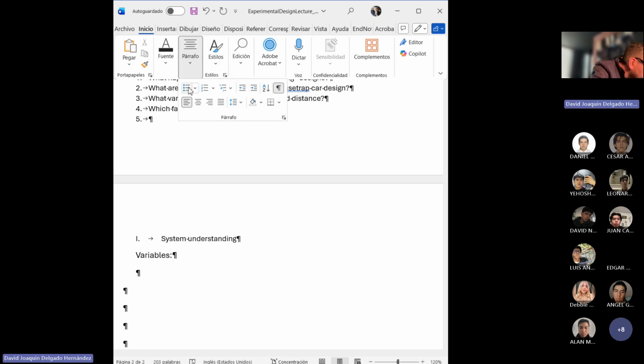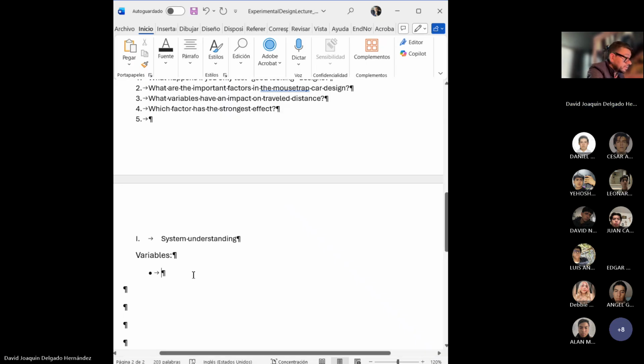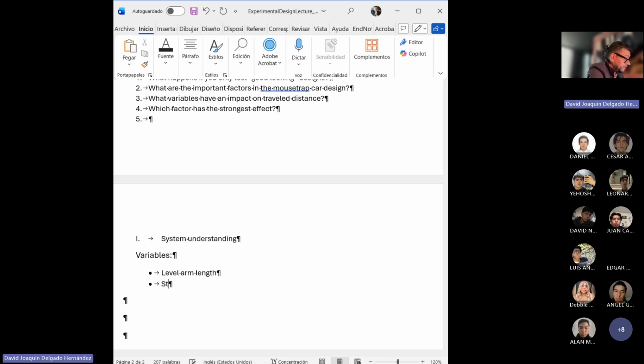Let us put some bullet points. For instance, you already said the lever arm length, and also important is the string length.